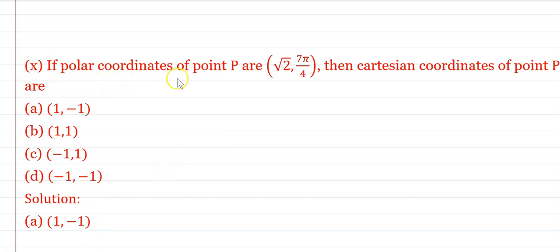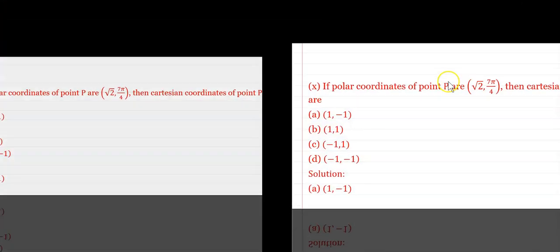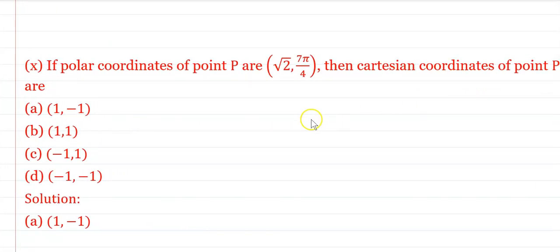If the polar coordinates of the point P are root 2, 7 pi by 4, then the Cartesian coordinates of the point P? This is the r and theta. Okay, r and theta. Therefore, x is equal to r cos theta, y is equal to r sin theta. Now see this, the angle is 7 pi by 4.